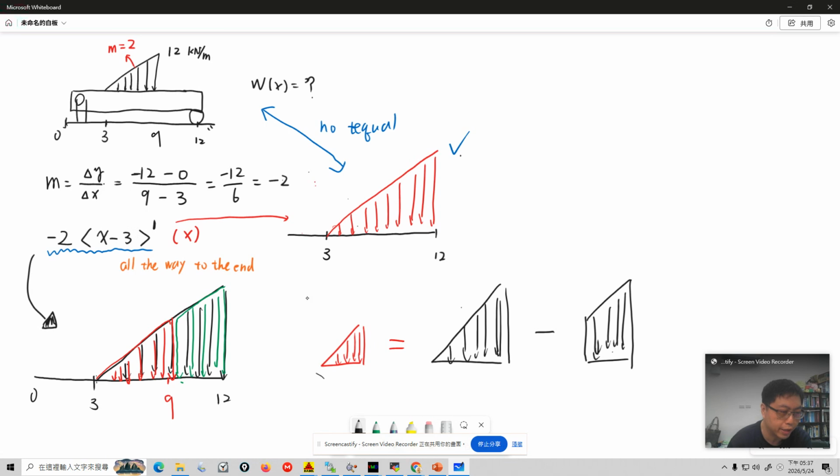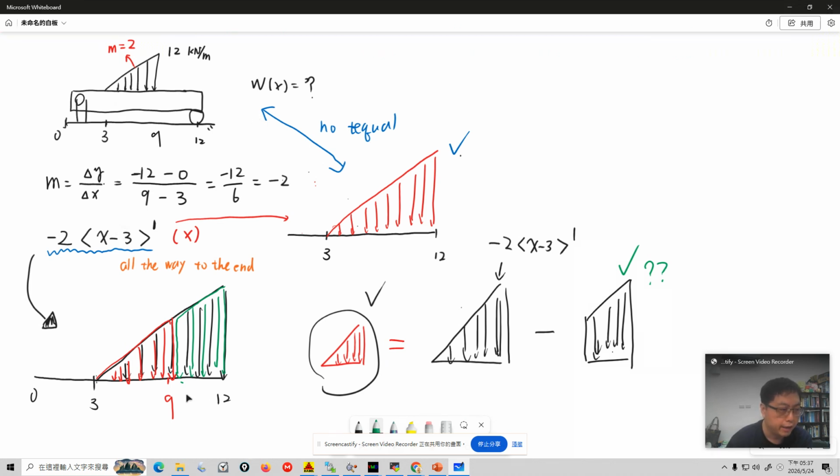Then we will get the right answer. We already know the large black triangle: it's minus 2 times the bracket x minus 3 to the power 1. So the rest of the problem is how to use the discontinuity function to represent this trapezoid.